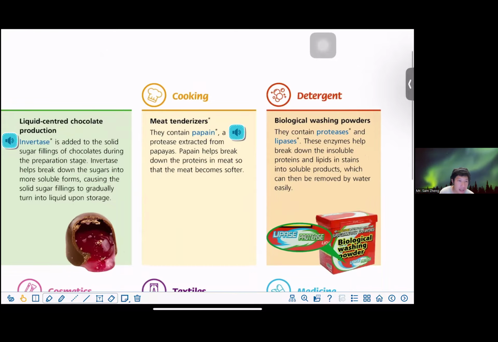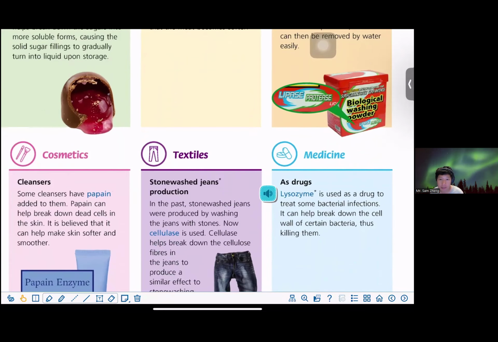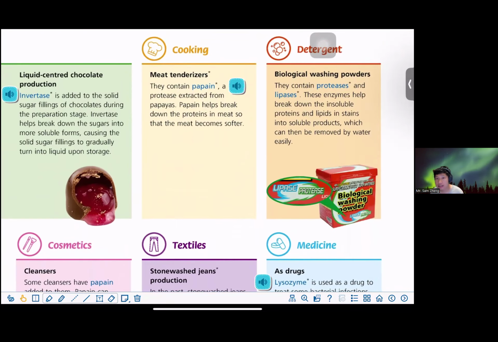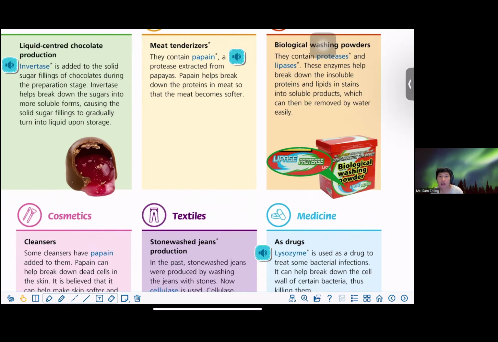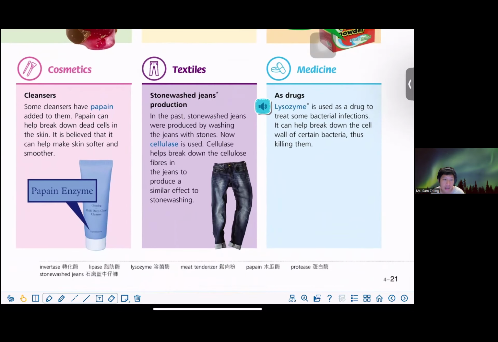So apart from that, there are also some other areas where we will use enzymes, for example, cooking, detergent, textile, medicines, etc. These are enzymes that we basically use to clean our clothes, to make meat tenderizer, or to help us clean our skin.